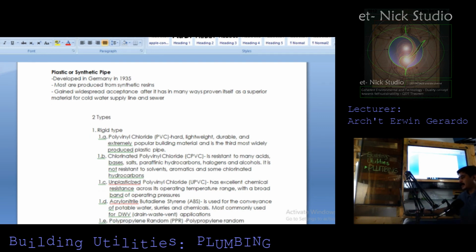The unplasticized polyvinyl chloride, or the UPVC, has excellent chemical resistance across its operating temperature range with the broad band of operating pressures.